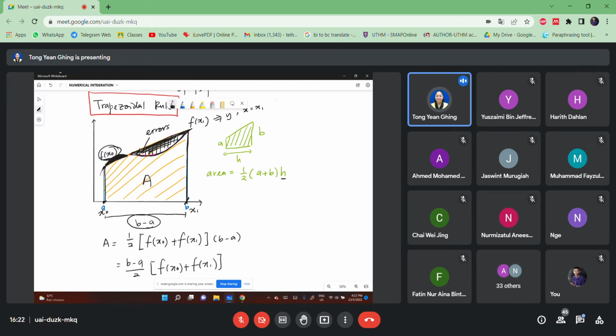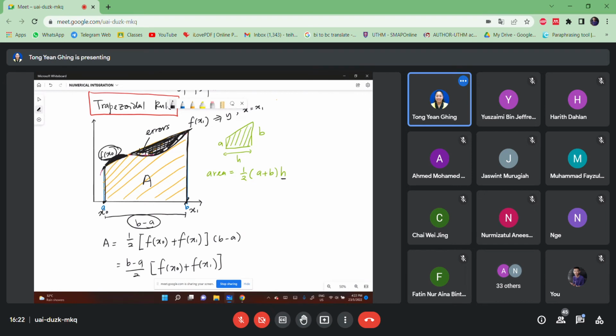So the trapezoidal rule will have a lot of error. In order to reduce the error, we divide this area into several segments.